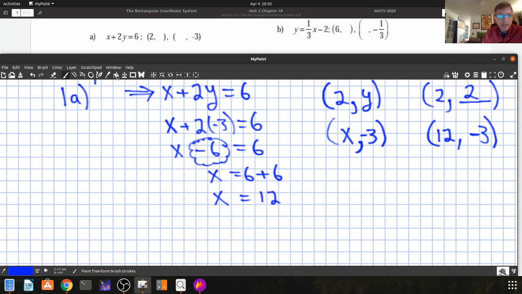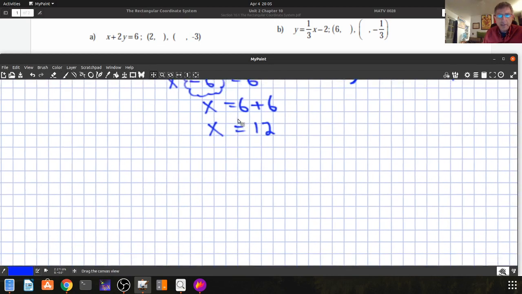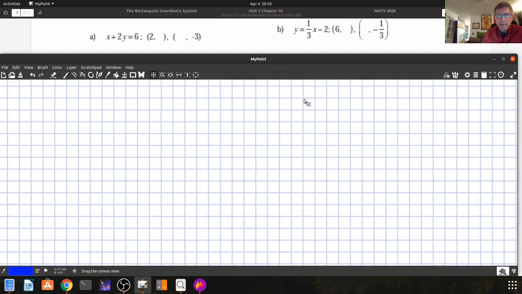So let's go ahead and continue on down this path. Except now we've been given another equation. This is b. So now my equation is y is equal to 1/3 x minus 2.